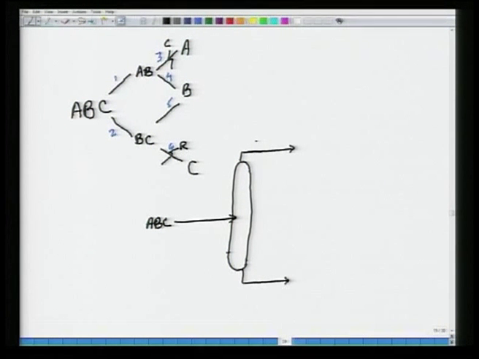So, this is AB vapor, this is BC liquid, all right. Now, these two streams, of course, for mass transfer or for distillation or for fractionation to occur in this column section, I need a liquid stream that is going in here and I need a vapor stream, let us say that is going in here.